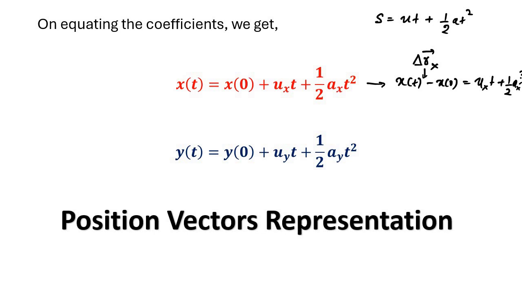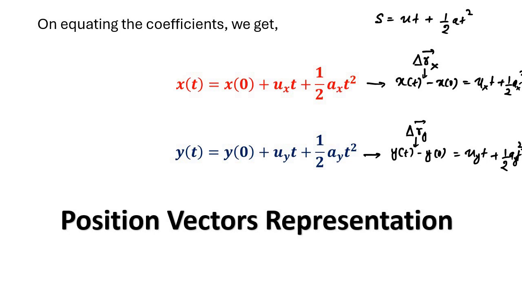Similarly here, yt minus y0, that is the net change in position along the y-axis, that is equal to uyt plus 1 half ayt square.